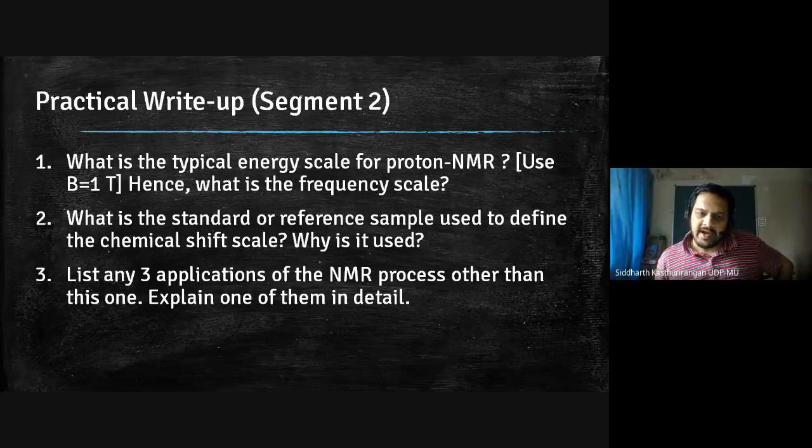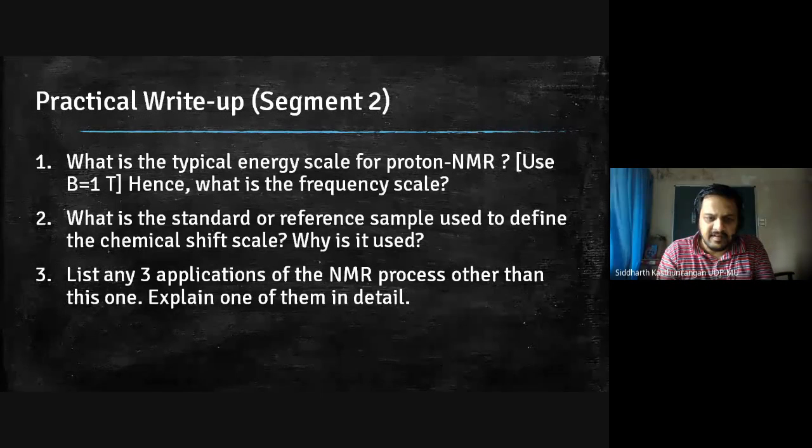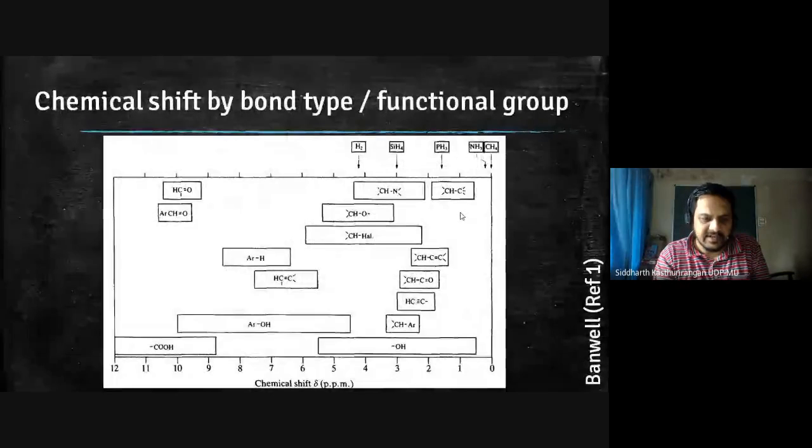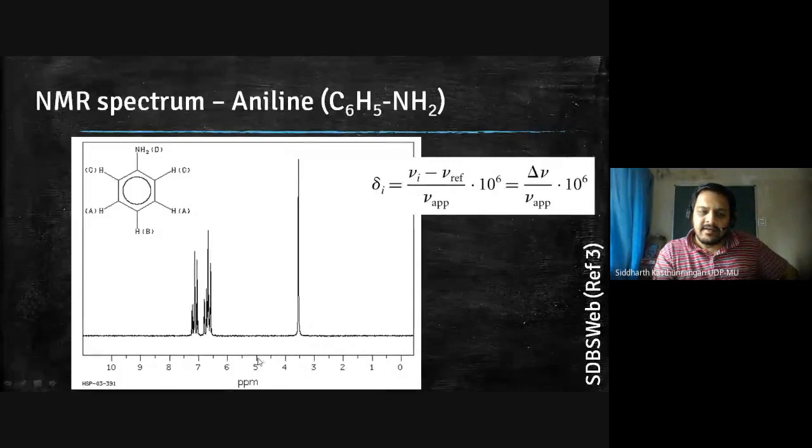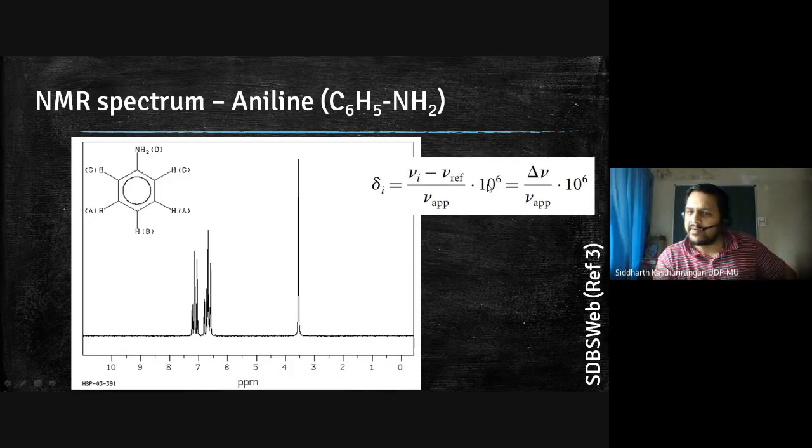That chemical shift is expressed in parts per million, in the sense it is multiplied by 10 power 6. When you say that I have a chemical shift of 5 parts per million, what I mean is that the difference in the frequency between my sample and the standard sample divided by the applied frequency is 5 divided by 10 power 6.